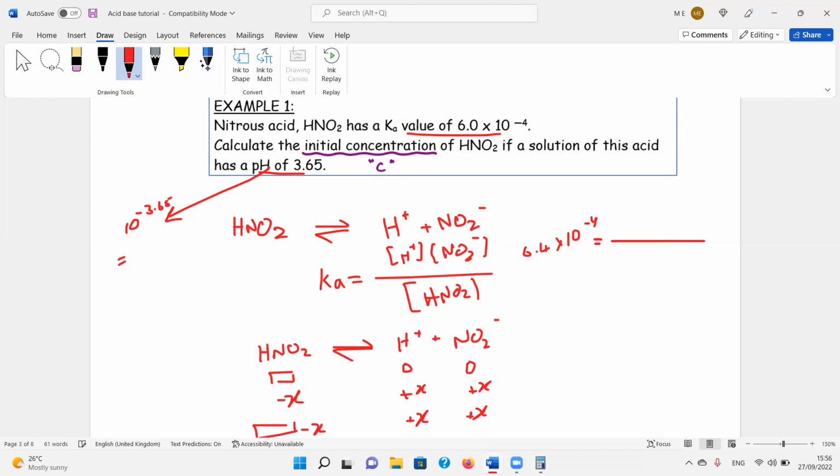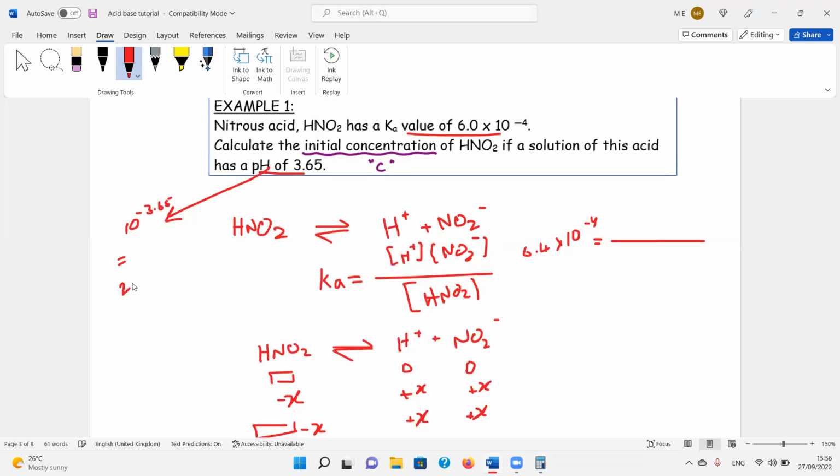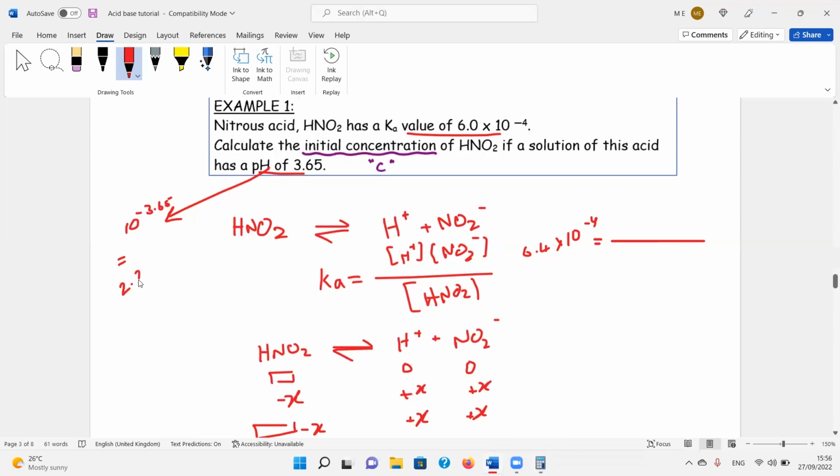So equals 10 to the power negative 3.65. So that is 2.24 times 10 to the power of minus 4.